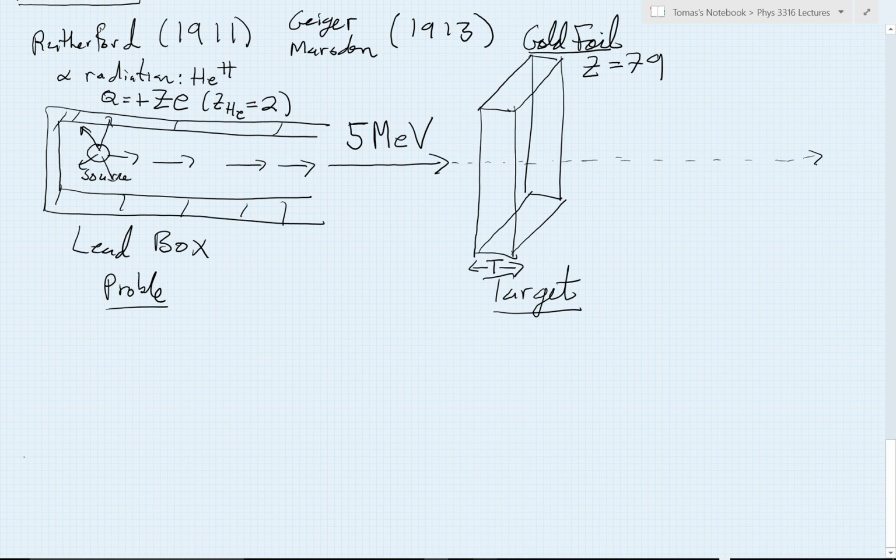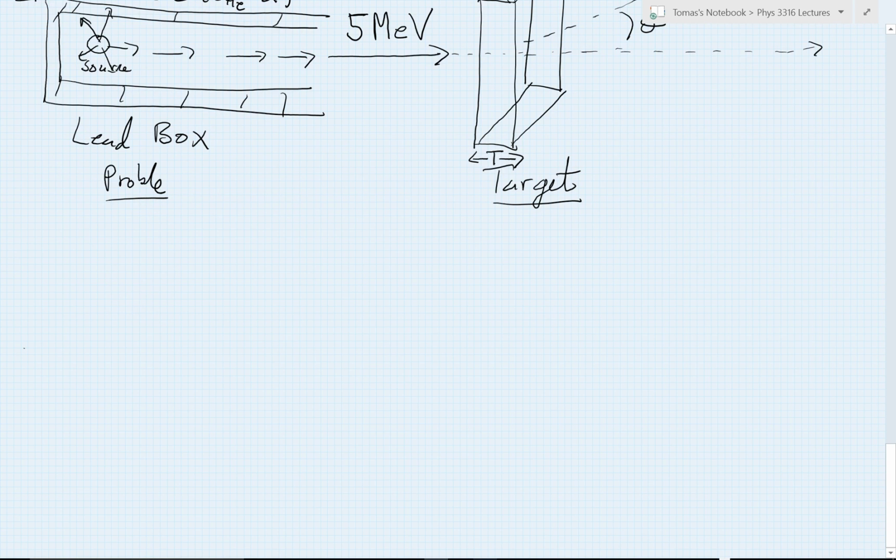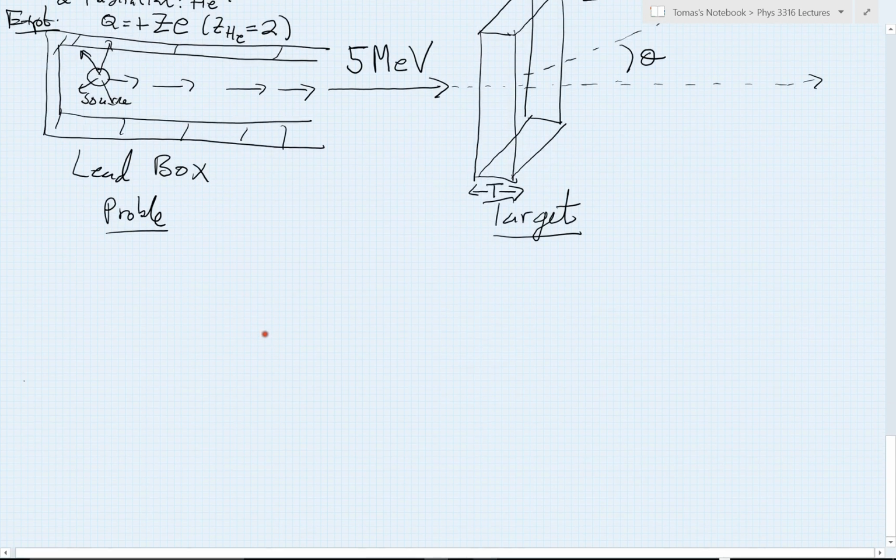However, a good number of them do interact with the gold atoms inside of this foil and end up deflecting, and they come out at various angles theta, which you can then measure. So that's the basic setup or the procedure for the experiment. Now, the results that come out of it, or really the observations that we find, are as follows.